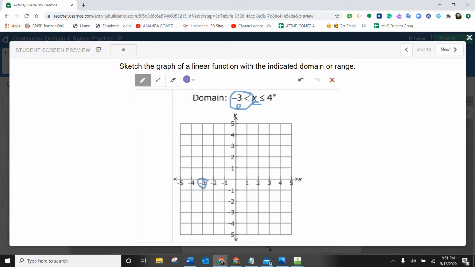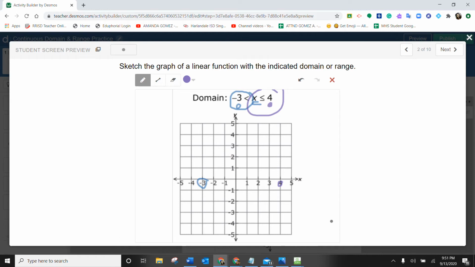Now I have my second portion right here. Now this time it says less than or equal to 4. So the difference there is, there we go. That means I'm going to have a solid dot at 4. So right over here.